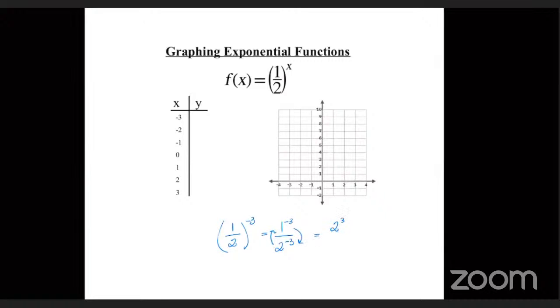So 2 to the third moves to the top, 1 to the third moves to the bottom. 2 cubed is 8, 1 cubed is 1. So when we raise 1/2 to the -3, I actually get a big answer of 8.